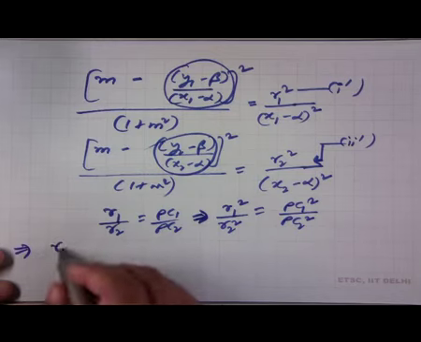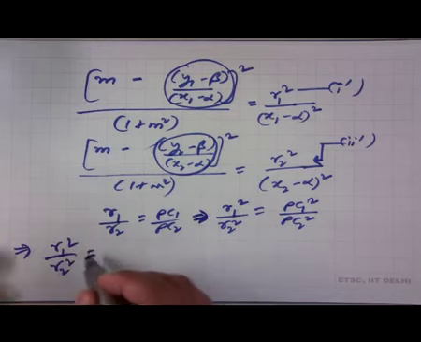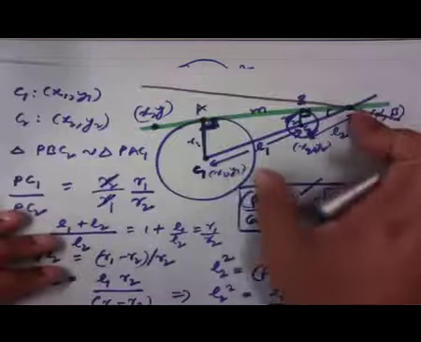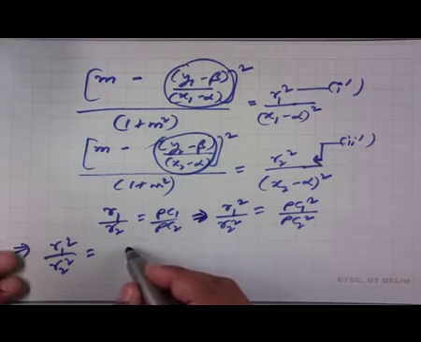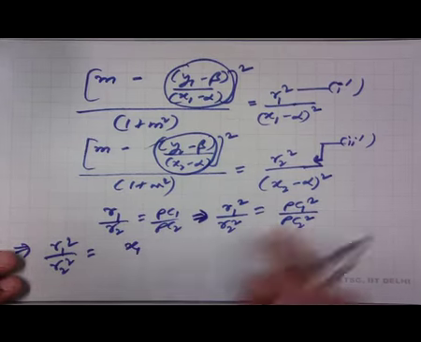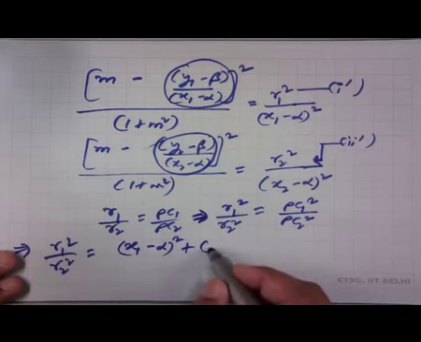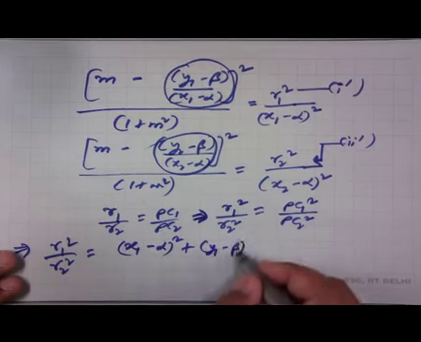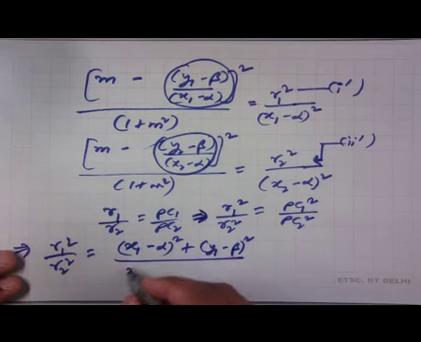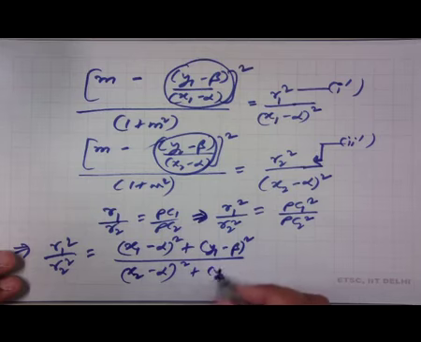Now, this is the expression for PC1 square: x1 minus alpha whole square plus y1 minus beta whole square, upon PC2 square, which is x2 minus alpha whole square plus y2 minus beta whole square.